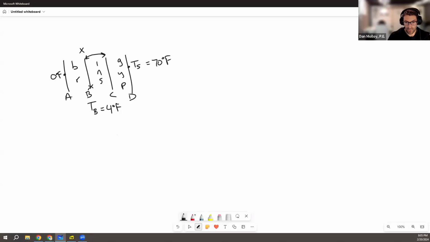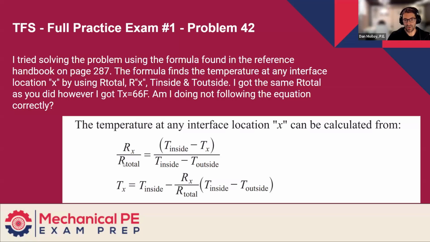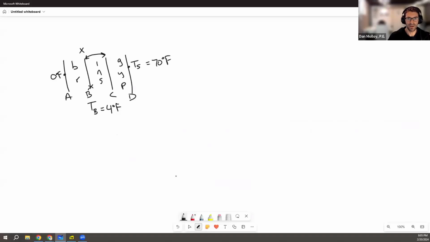In that equation, you said you found R total and you got that right. That was 14.3 in the problem. But then Rx, what is Rx? You have two choices. If R total is the total resistance across all 3 layers, then Rx has to be either this resistance, just the brick, or this resistance, insulation plus the gypsum.